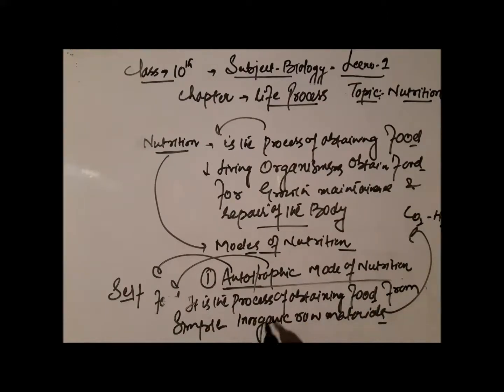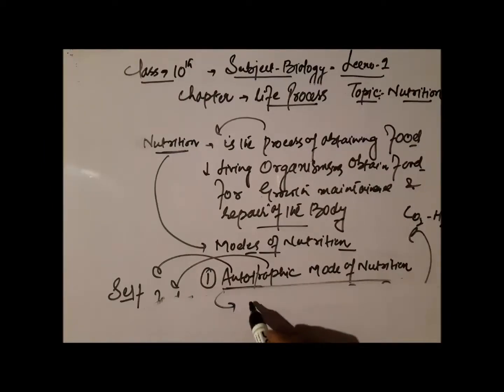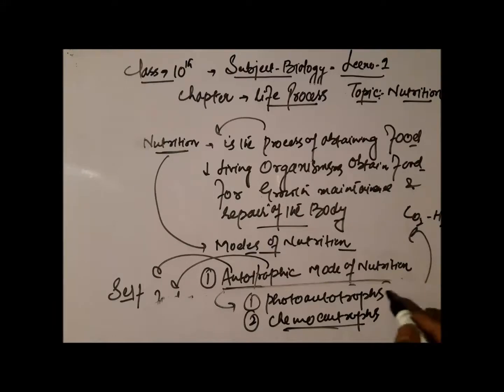And there is another group of organisms which obtain their food themselves, and we call them chemoautotrophs. Now, autotrophs are of two types: number one is photoautotrophs, and number two is chemoautotrophs. Photoautotrophs use solar energy, or we can simply say sunlight, for obtaining food.